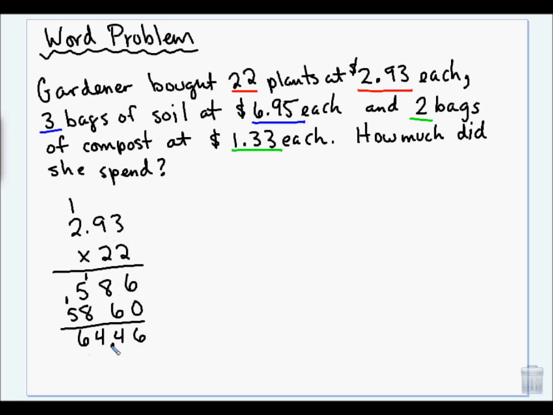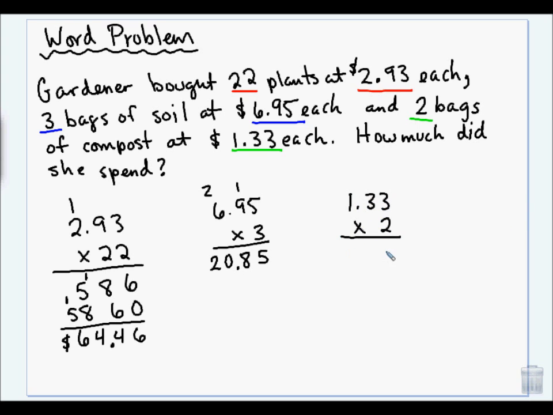Two decimal places, so 2 decimal places. And then we get 3 bags of soil. And then we have the 2 bags of compost. And then the next thing I need to do is add all these.